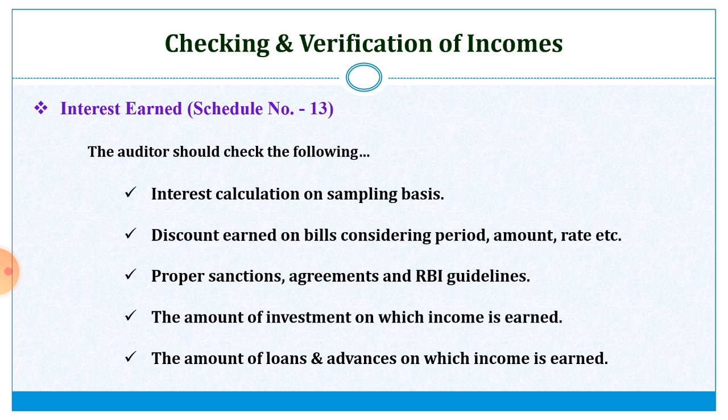So the loan amount should be recorded in schedule number 9, and while checking the schedule number 13 interest calculation, it depends on schedule number 9. So schedule number 9, related to the loans and advances, should be checked by the auditor.